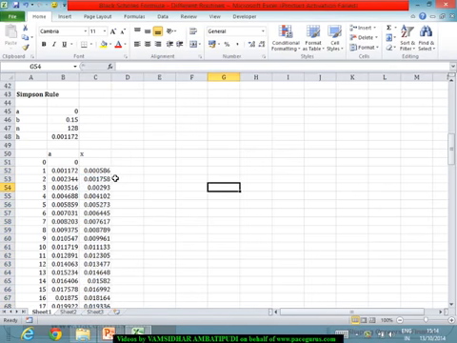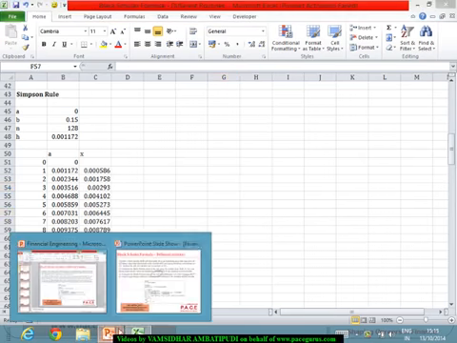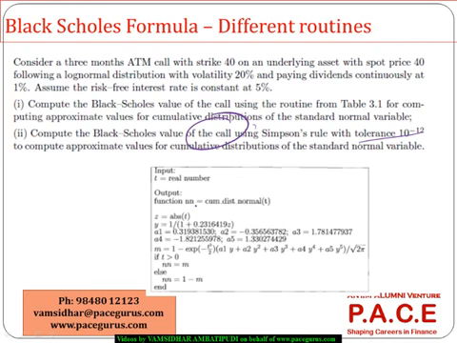So we know that with respect to a normal distribution, the integral formula is nothing but the integral from minus infinity to infinity of e power minus x squared by 2 dx.